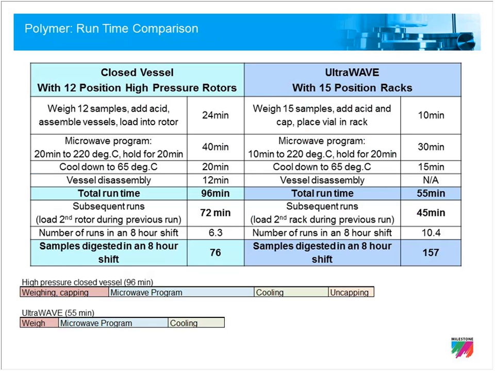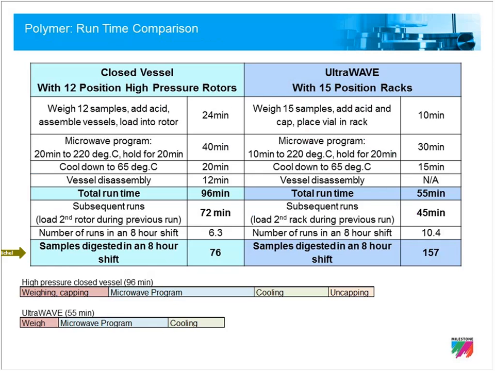Certainly you can look at the individual times, from the amount of time it takes to weigh out samples and assemble the vessels, to the total run time, and while one run is running, there is time for you to set up the next run. But over the course of an 8-hour day, the UltraWave gave almost double the throughput compared to the standard system for these relatively difficult samples.